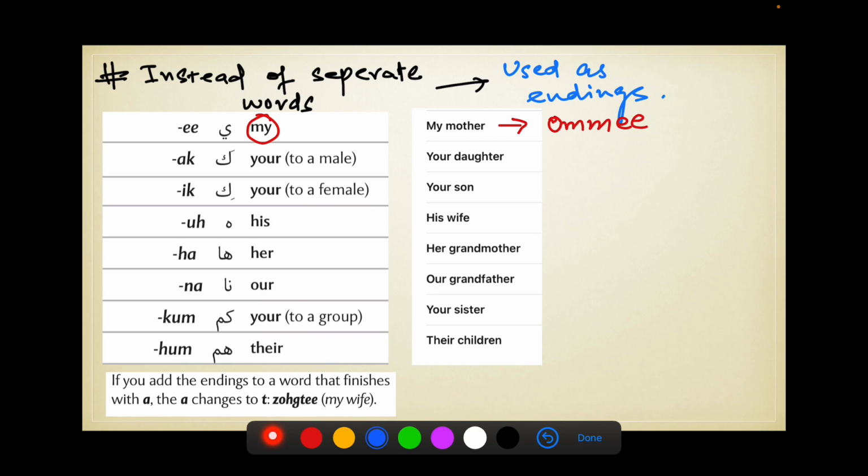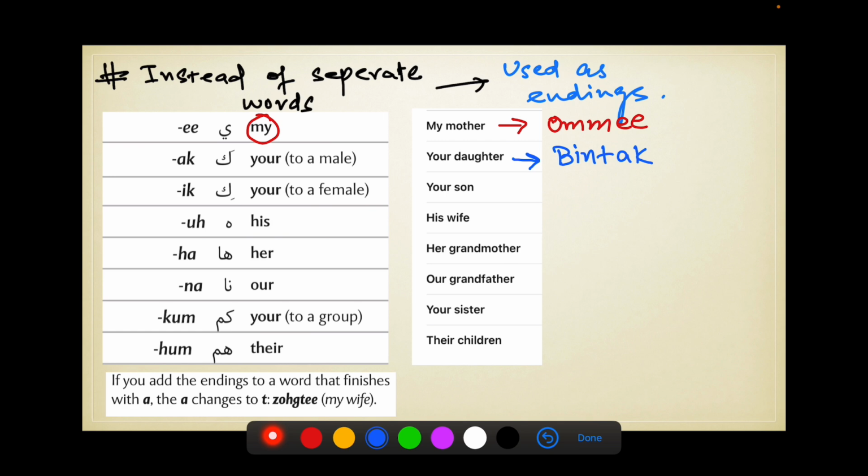Now let's talk about other words, starting with your. While using your, if you're talking to a male and you have to say your daughter, you will say bint and add ak. So it will be bintak.